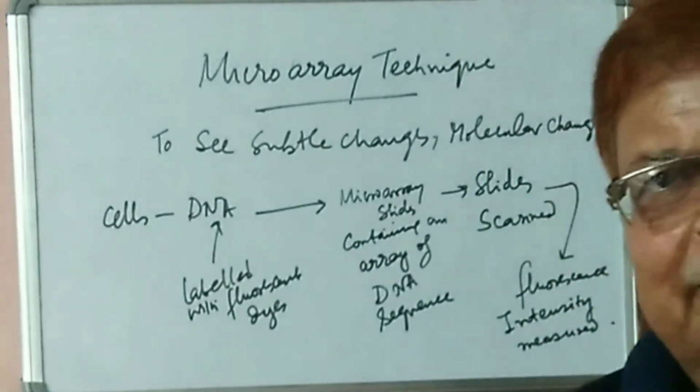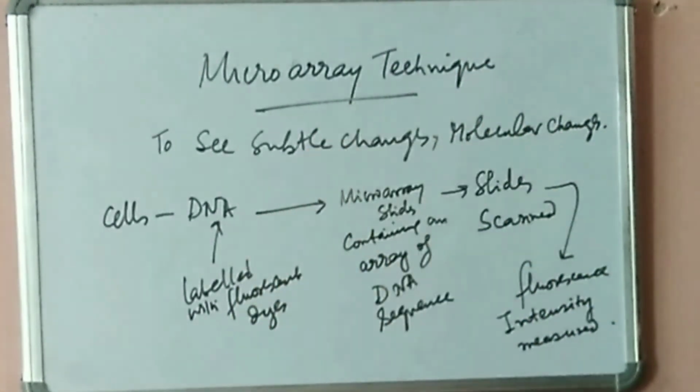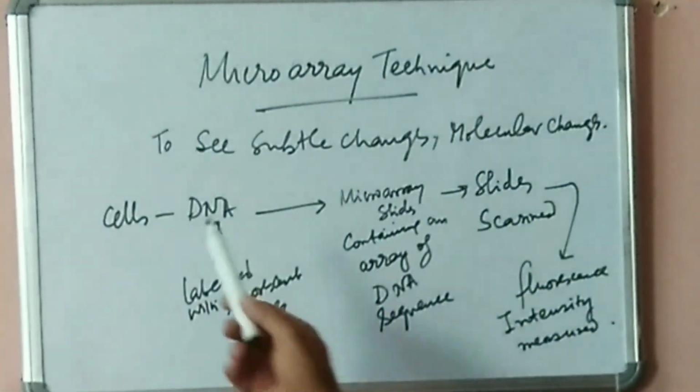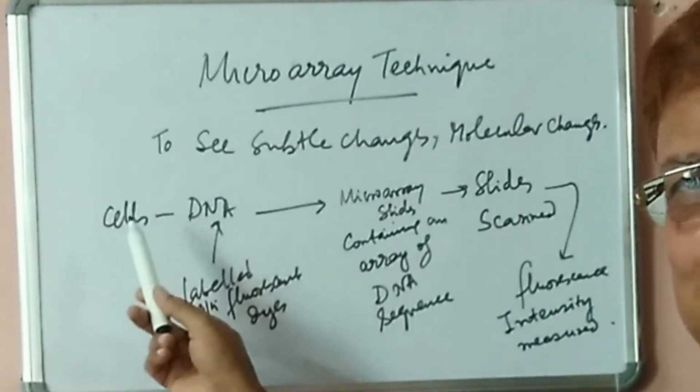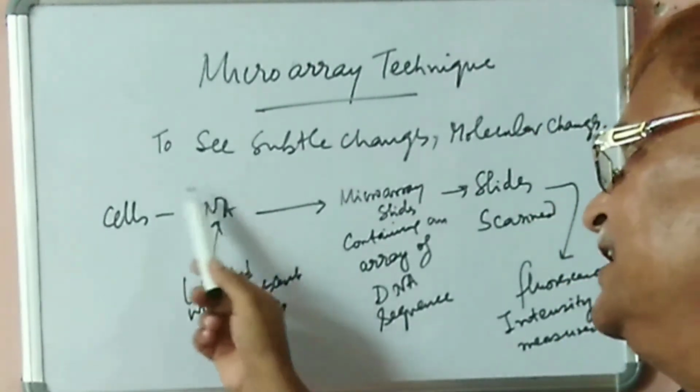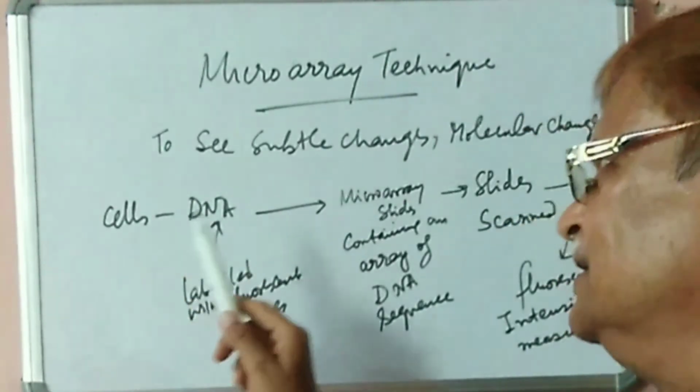Third and most advanced technique, that is microarray technique, where the cells are already there in the laboratory. The cells are from the amniotic fluid, and then the DNA is extracted from these cells.